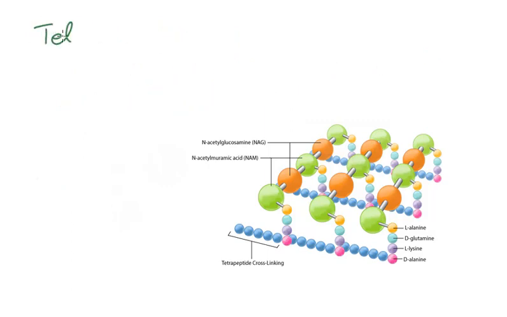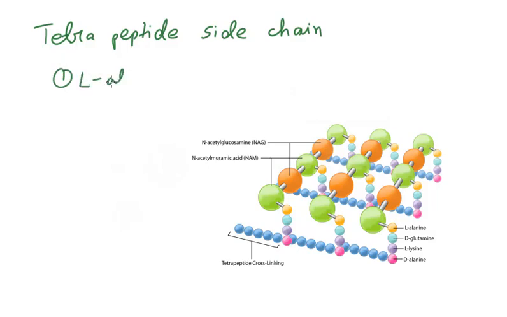There is a set of tetrapeptide side chains which is unique to each bacterial species. Like the first one may be L-alanine, the second one may be D-glutamate or substituted D-glutamate. The third one is the most variable one.